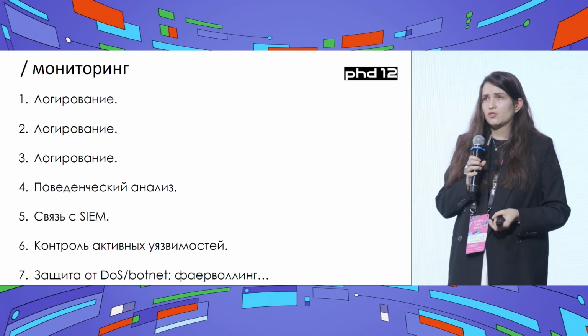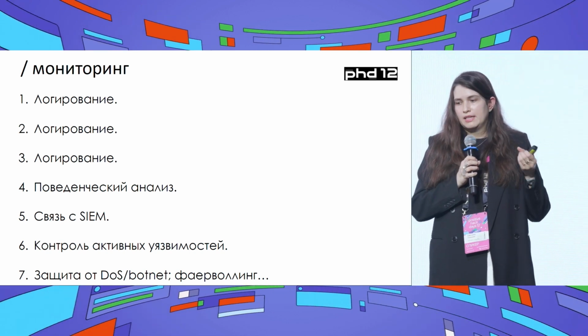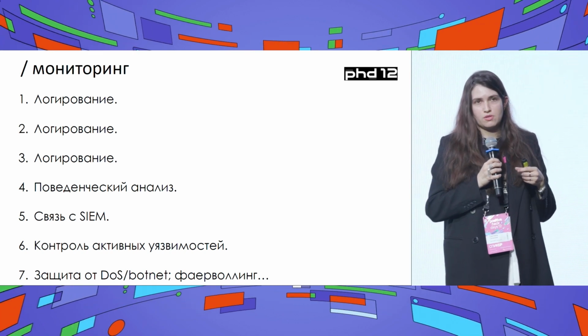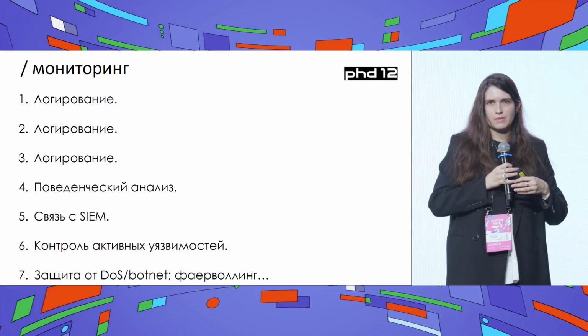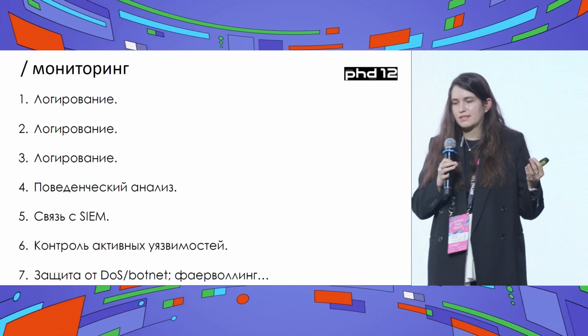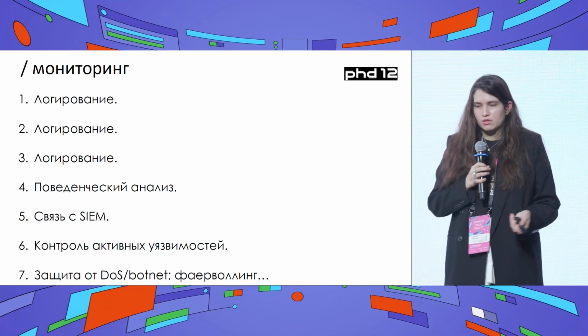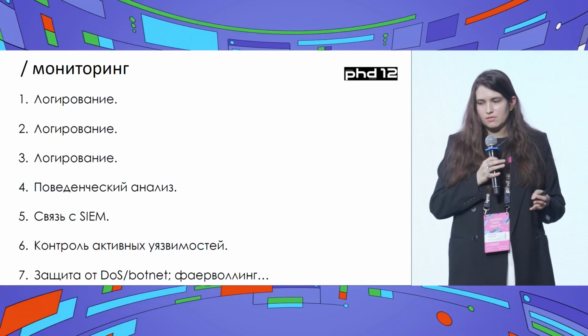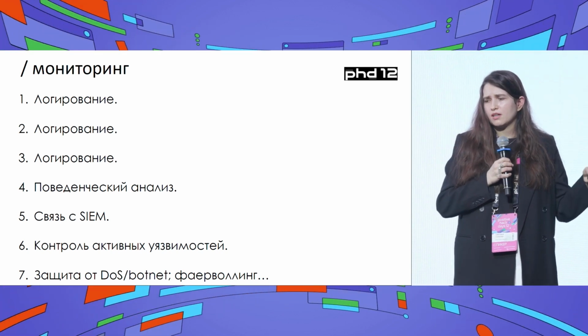So we've got to understand what we have based on scanning, based on other tools, and we've got to work with that as experts who ensure security of apps and the development cycle. And of course, firewalling, protection from DoS or botnet.